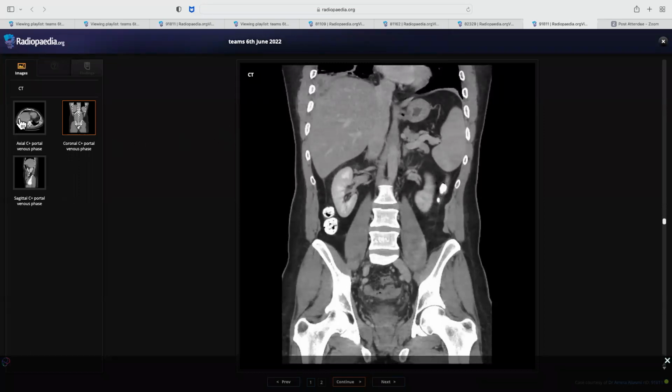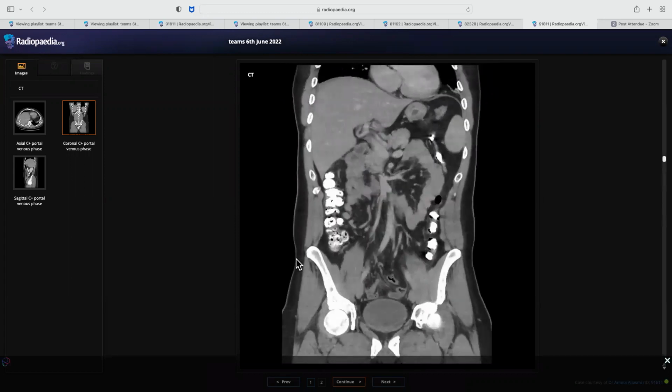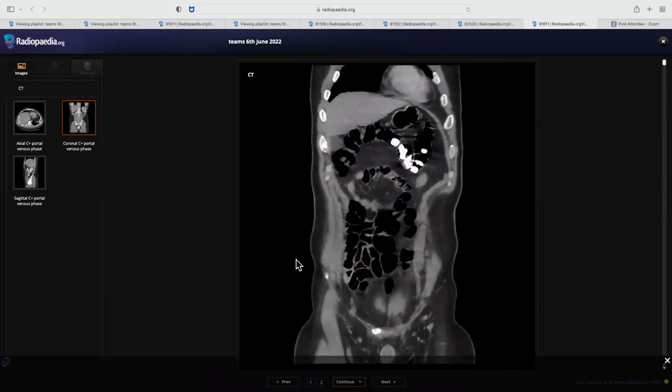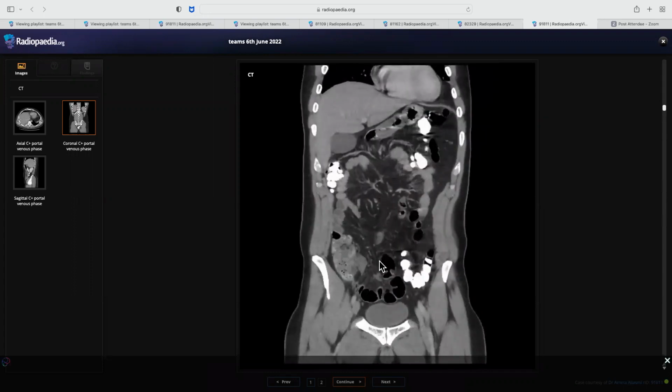So if we ourselves give that as a possibility, that gets us a better score. This was a case of dropped appendicolith with a small collection in the appendix bed. You could see that as a clue if you scrolled more, but a small collection is difficult to see in an exam setting, and you can easily miss it.